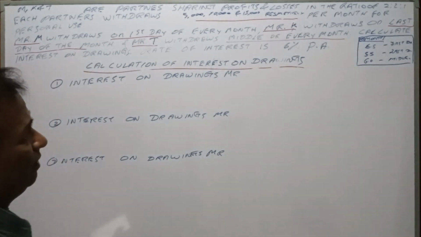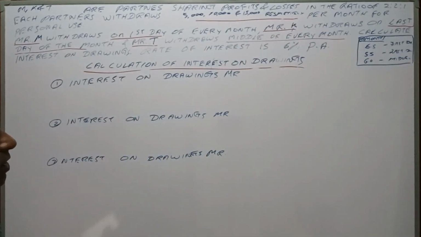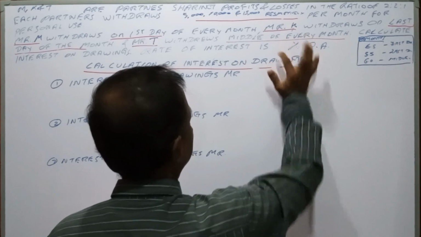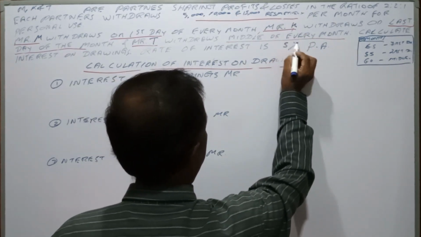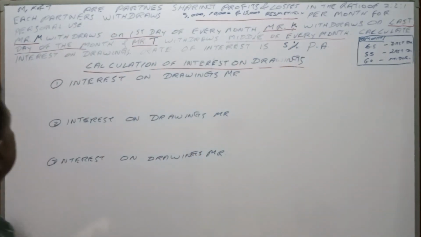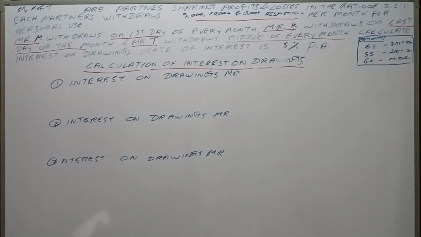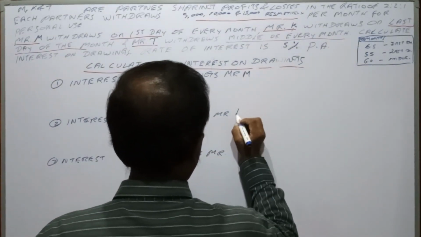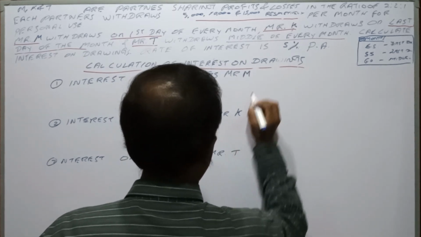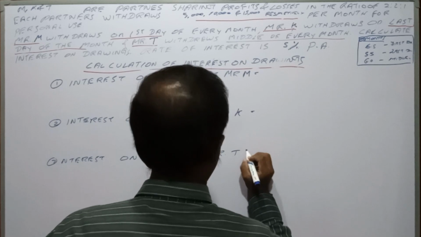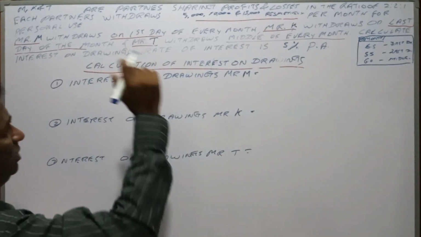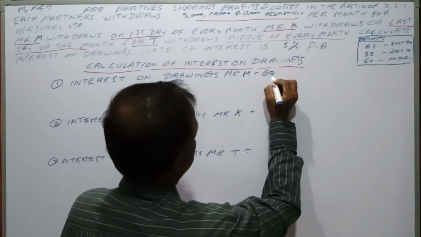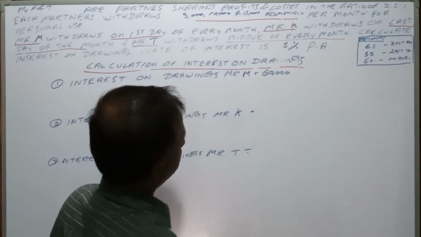Here we will say the interest rate is the same, 5% per annum, right? So here you will say M, K and T. Here if you see, 5,000 means 60,000 he would have withdrawn.